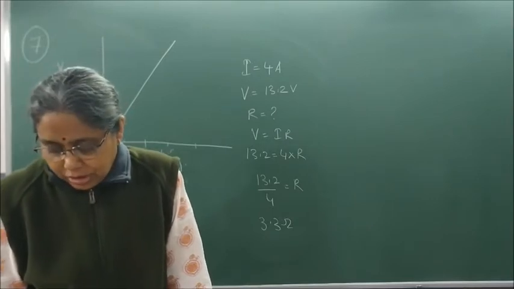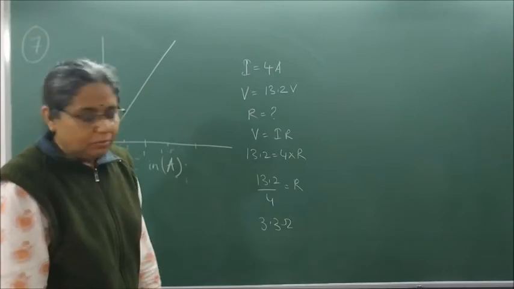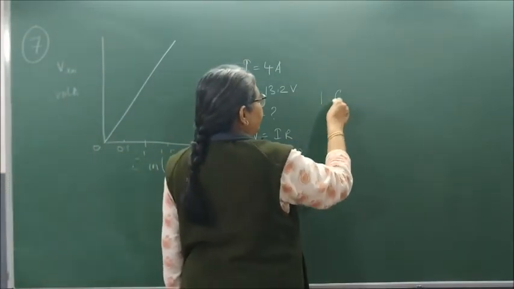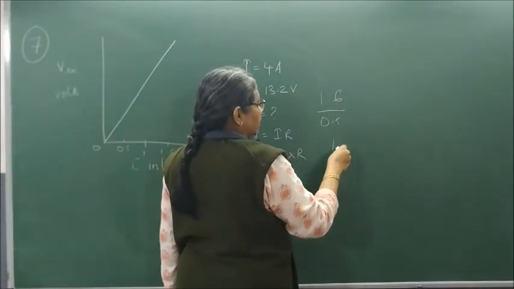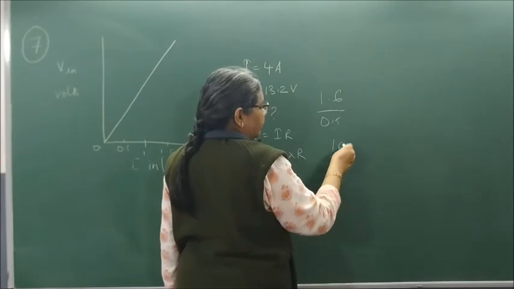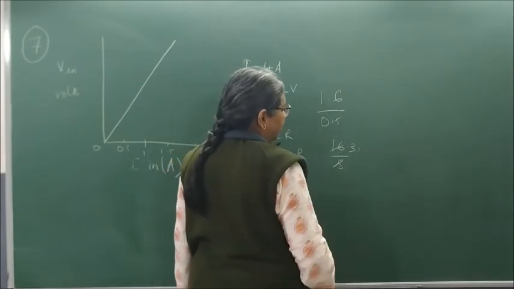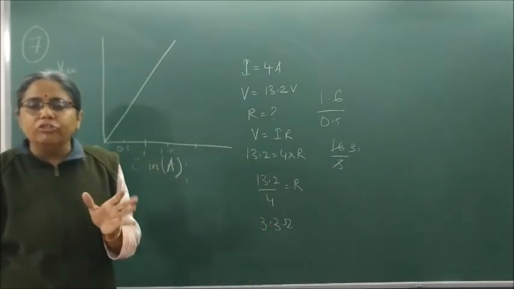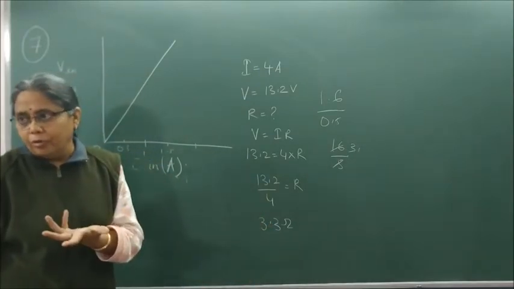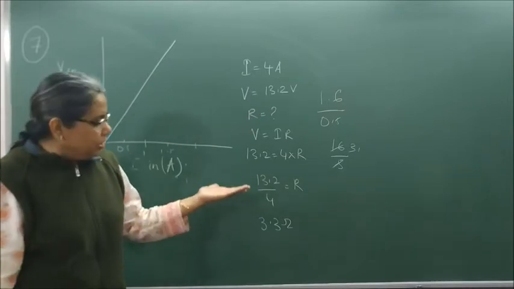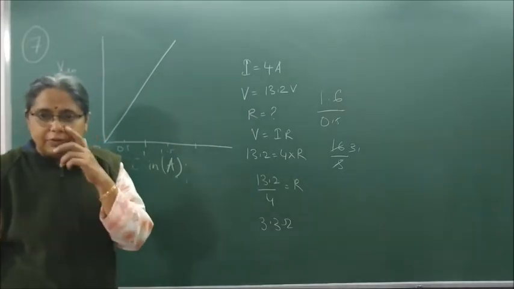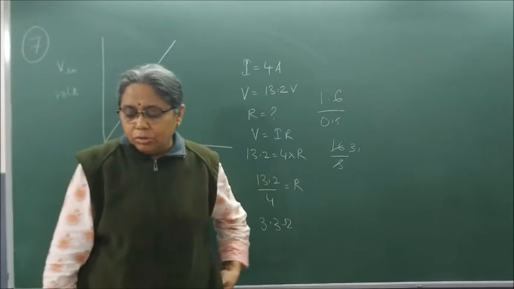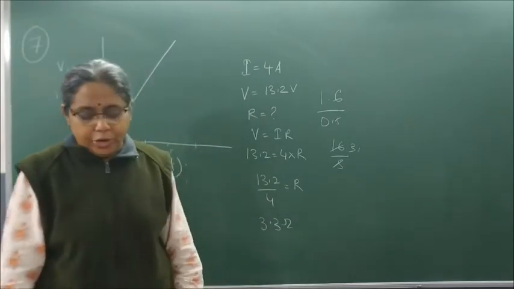Otherwise, 1.6 by 0.5, so it is 16 by 5, and 5 threes are 15, then 3.2. So everything in a range of 3.2 to 3.4 you will get. Okay, you can do any one of them. Everything will give you the correct answer. So you can take this and write it as 3.3 ohms.